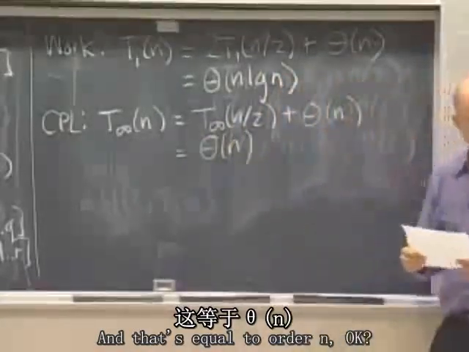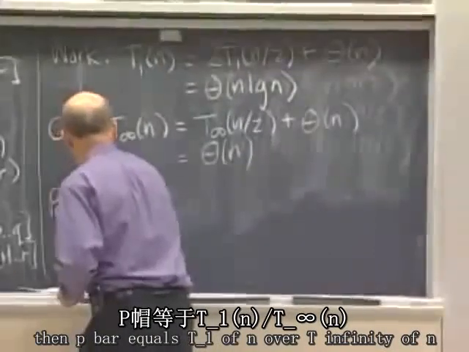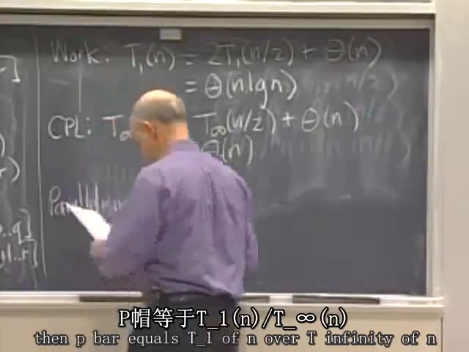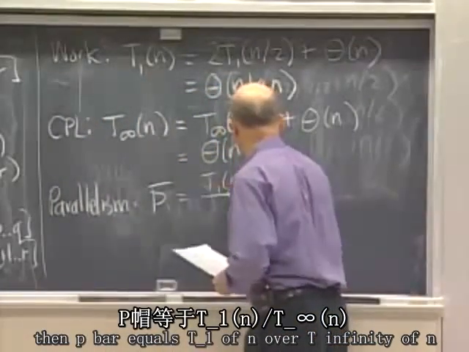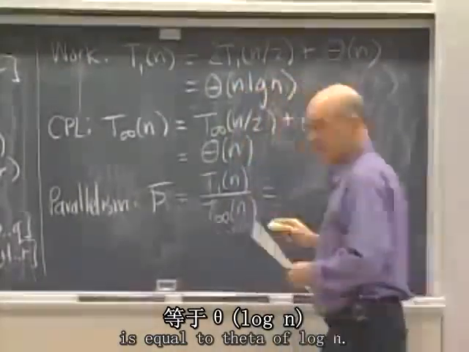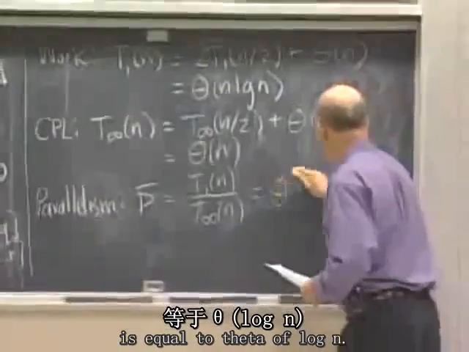So the parallelism is then p bar equals T1 of n over T infinity of n is equal to theta of log n.